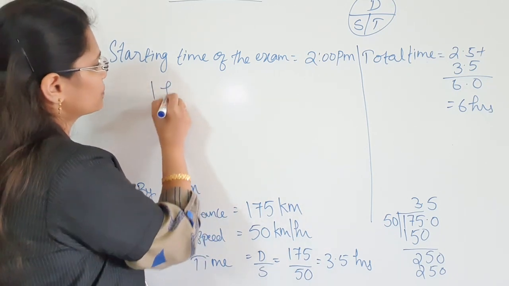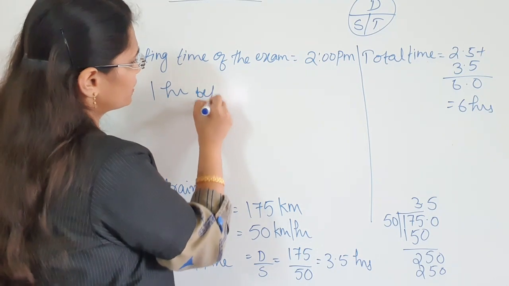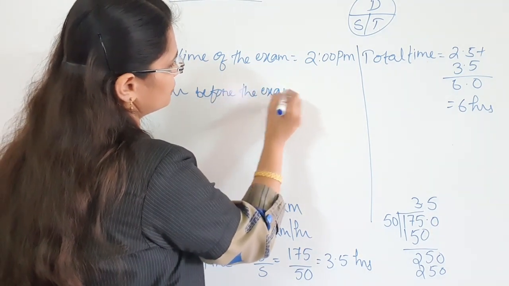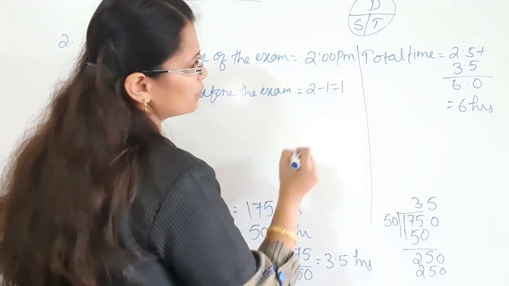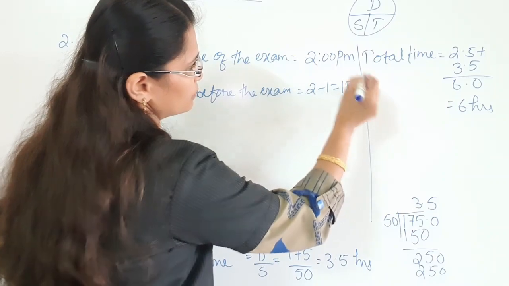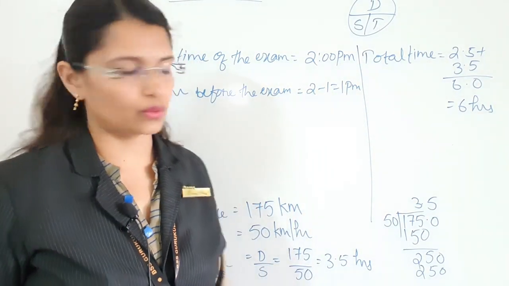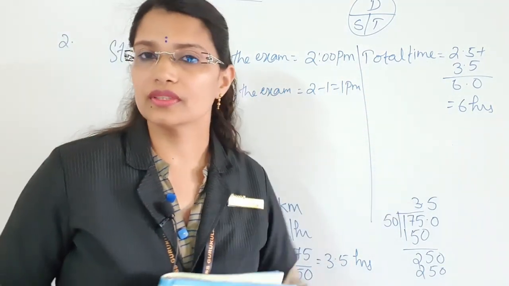So 1 hour before the exam is equal to 2 minus 1 is equal to 1 p.m. So 1 p.m. she has to reach the school, and then total time is equal to 6 hours.